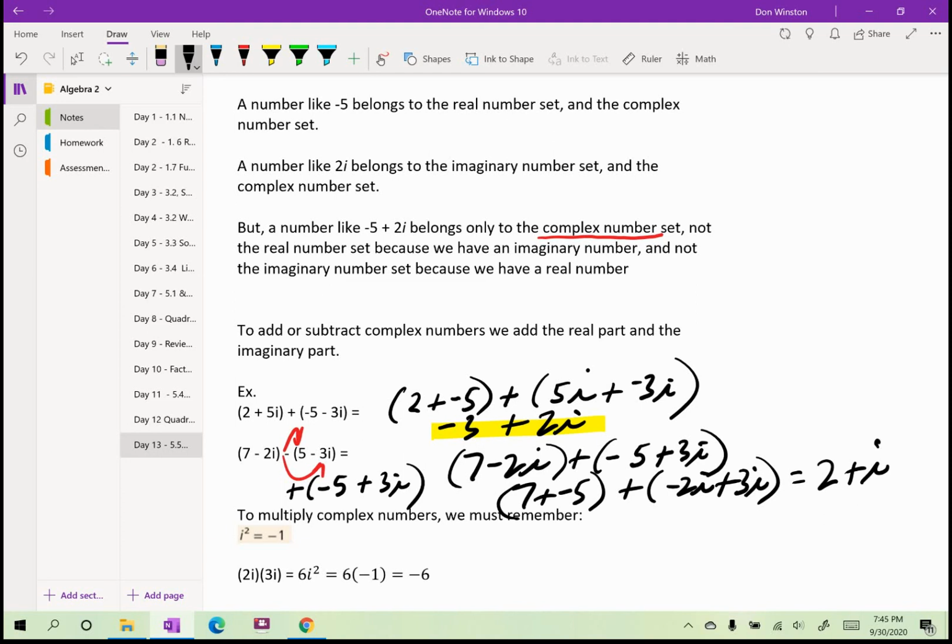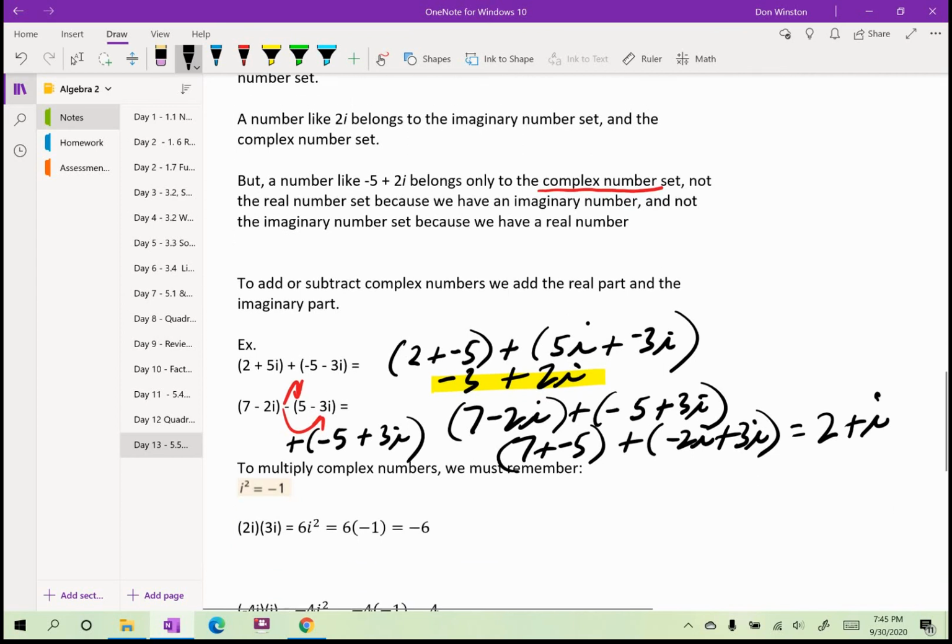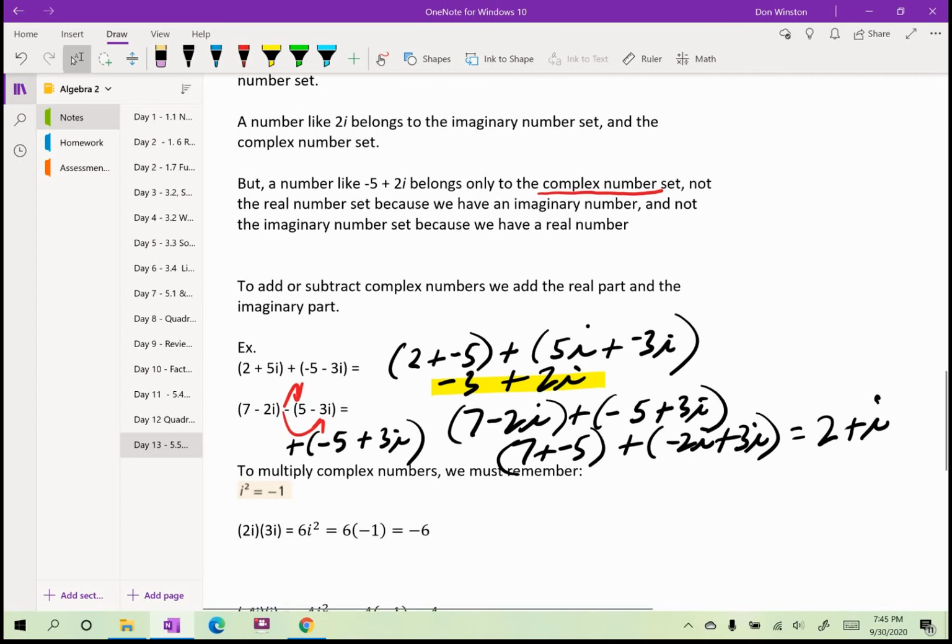Negative 2i plus 3i is i. All right, so 2 plus i. Add the real part, add the imaginary part.